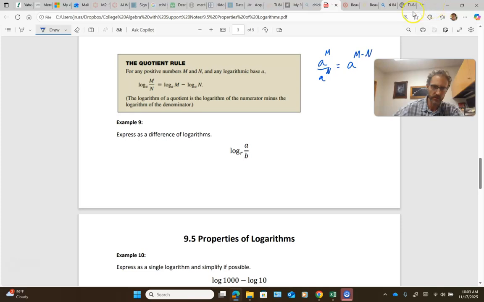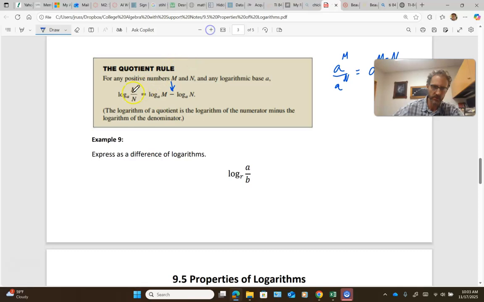Here the quotient rule for logarithms is if you're taking the logarithm of a quotient, then you can split this quotient up using subtraction. So you'll keep the base of the logarithm the same again. Log base a of the numerator minus log base a of whatever that denominator is.